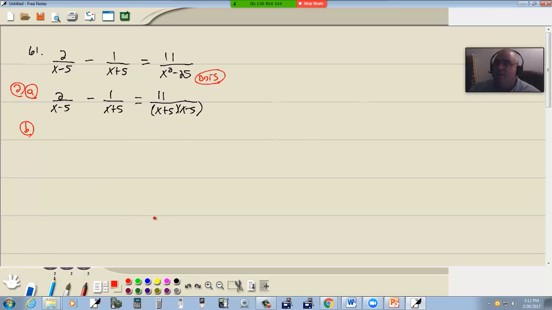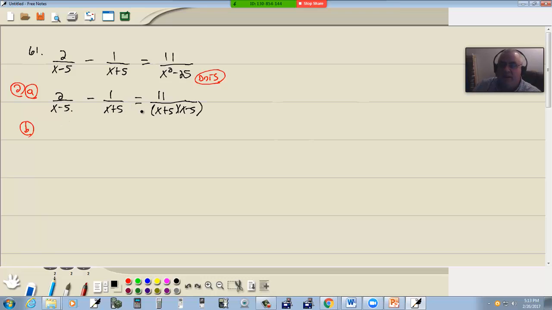Now B, we want to figure out our LCM of all our denominators. So we'll start with our first factor, x minus 5. I'm looking for the greatest number of x minus 5s in a single denominator.